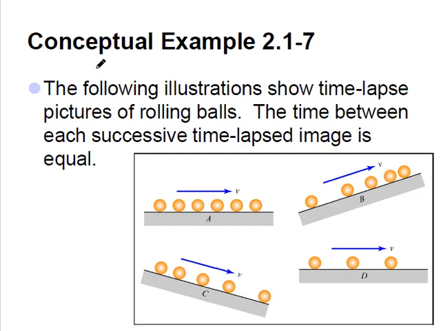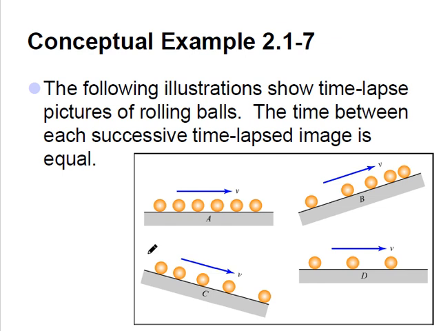All right, the next one is your conceptual example 2.1-7. So the following situations, you have 4 of them. Yeah, so illustrations. I'm going to show you time-lapse pictures of rolling balls again, and the time between each successive time-lapse image is equal.